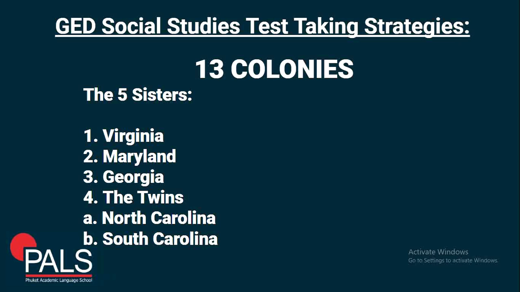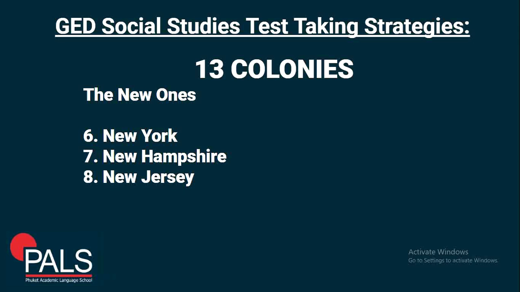What I did is to categorize the states in the 13 colonies, and I noticed that there are 5 states which are names of women. So I call them the 5 sisters, and they are Virginia, Maryland, Georgia, the twins, North Carolina and South Carolina.